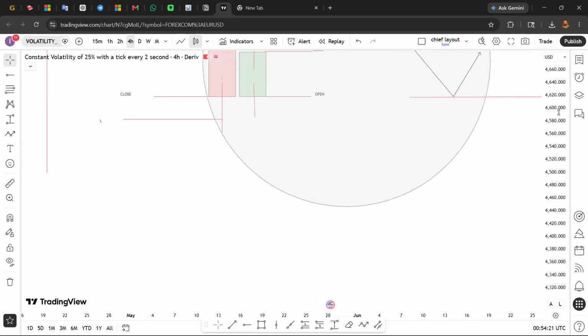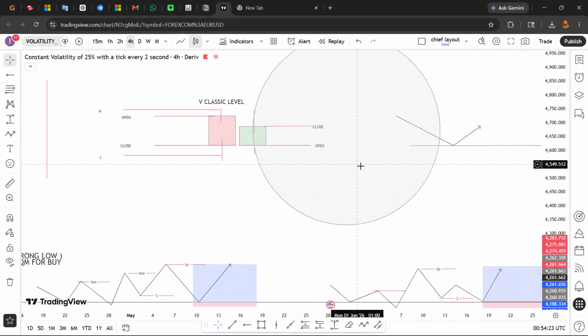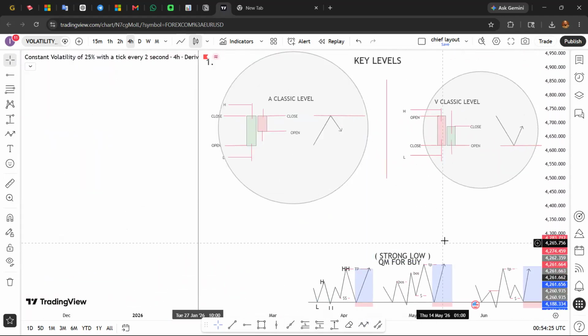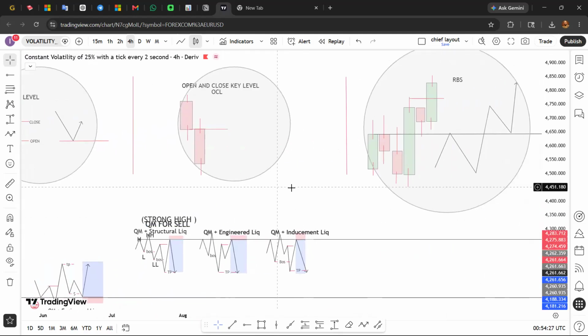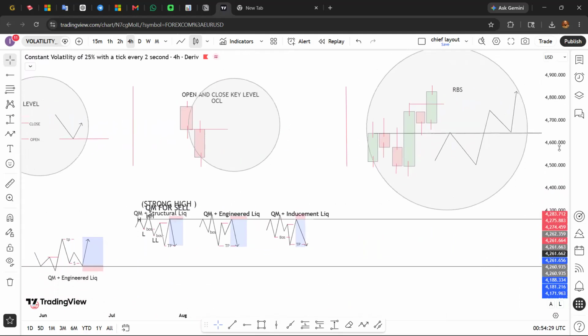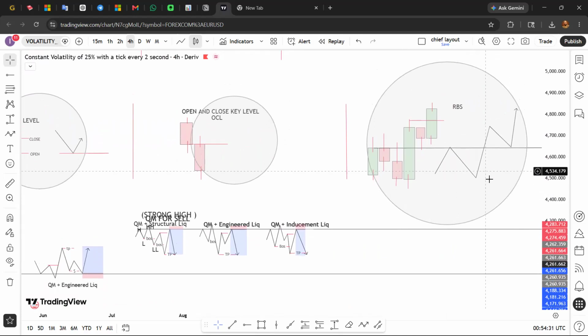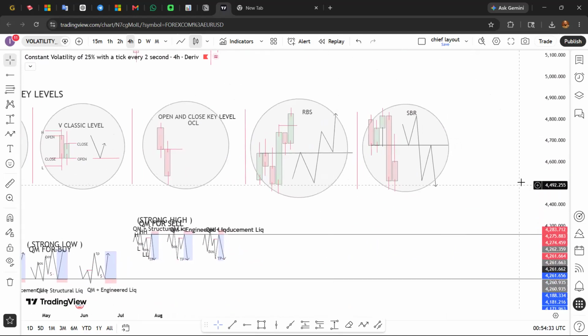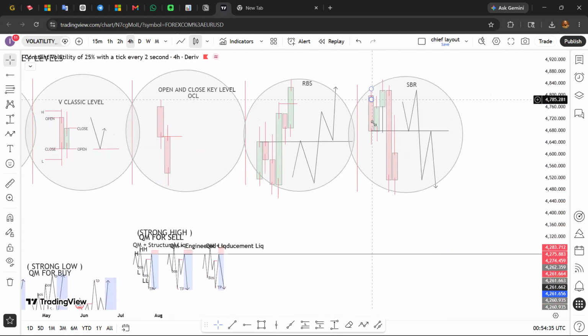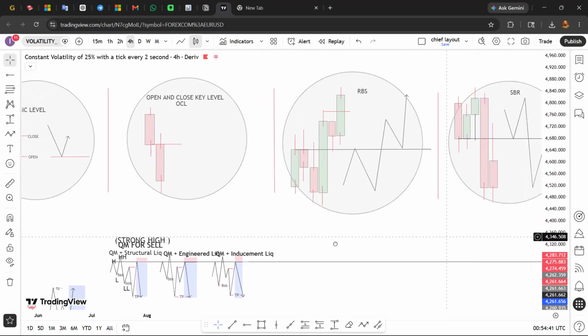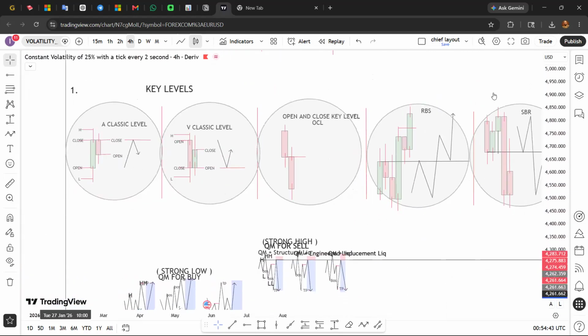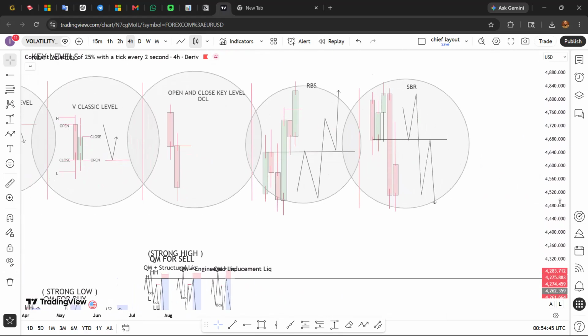So look at support, broken, turned resistance at the other side. That's the diagram. You can see support used once, broken, and turned what? Resistance to the downside.